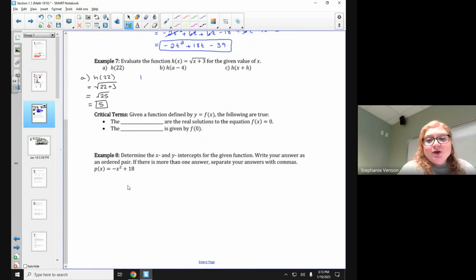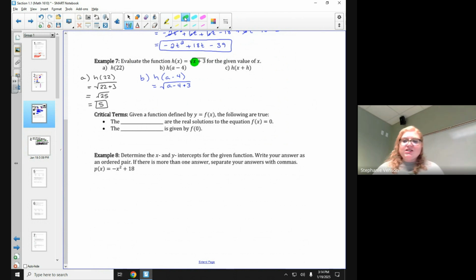We are now calculating h of a minus 4. Everywhere I see an x in the original function, I'm going to replace it with a minus 4. So this is actually the square root of (a minus 4) plus 3, because all I'm doing is replacing this x with whatever's in the parentheses.